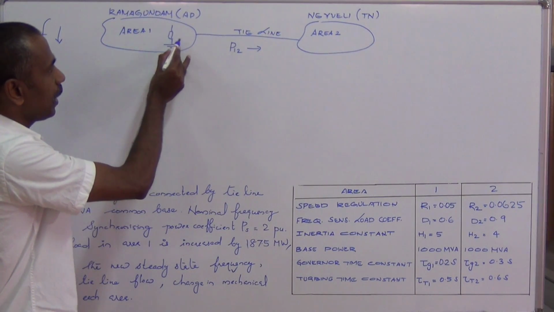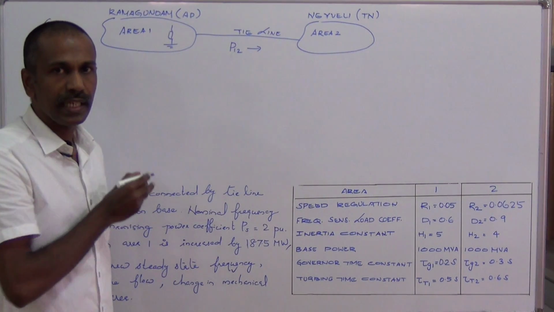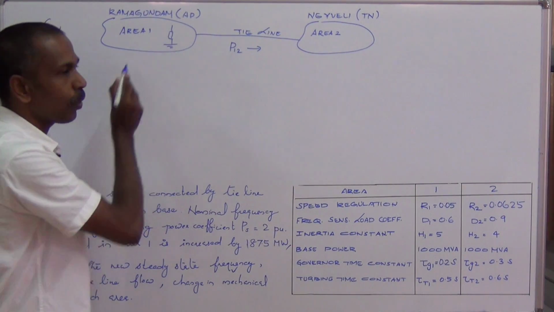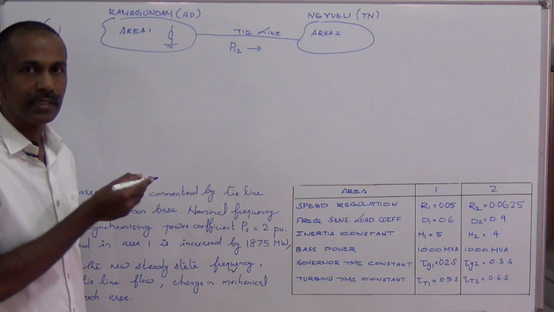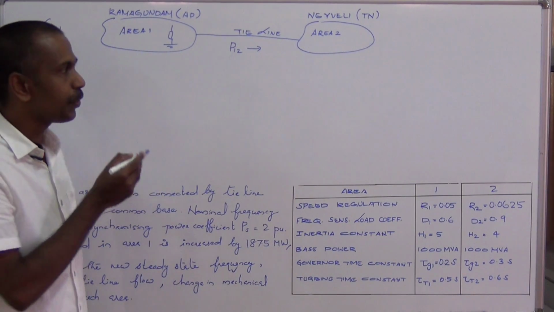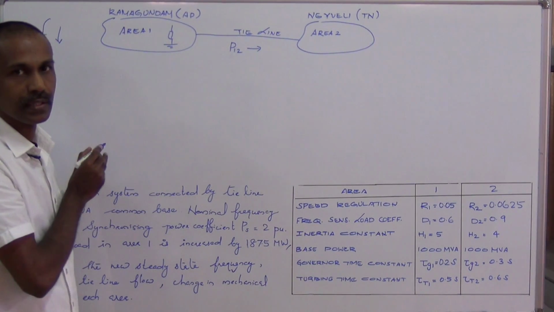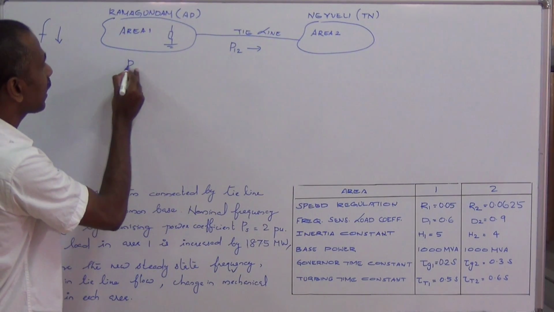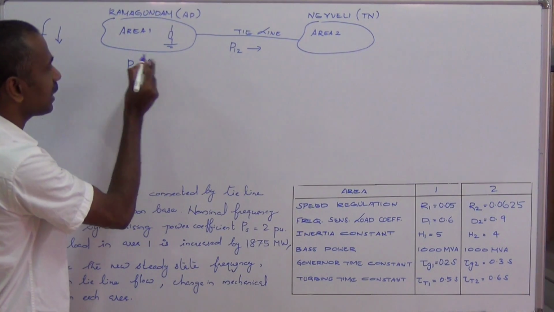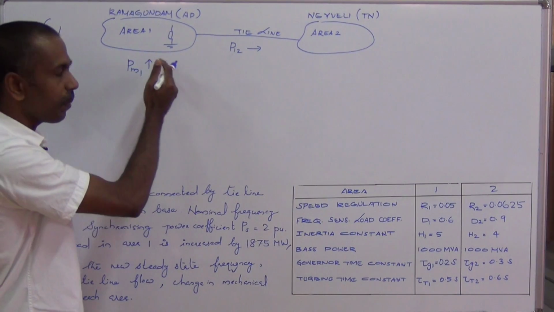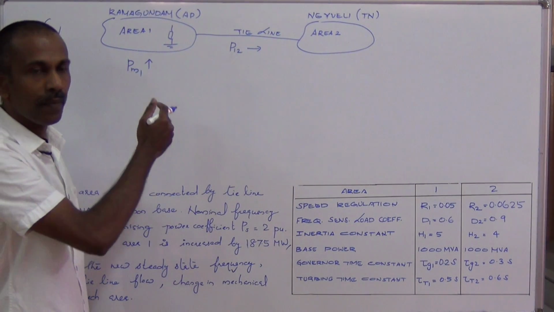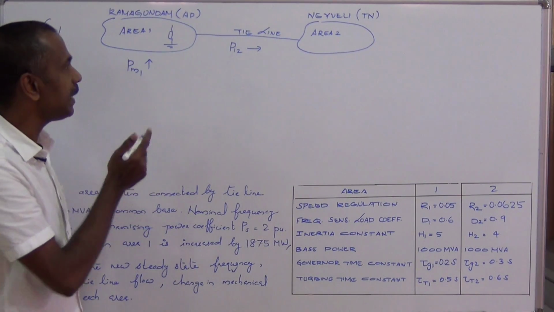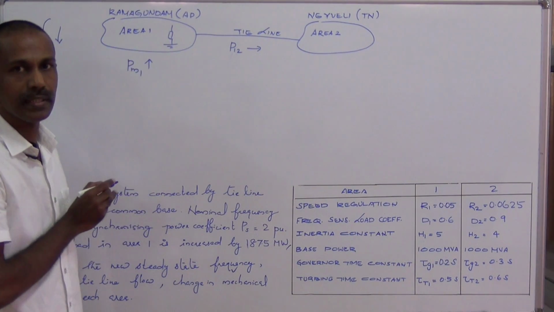Now, the load demand on the first area is increased. So we have to meet this additional load demand. Let us consider all possibilities to meet it. The first possibility is we can increase the mechanical power in the first area. When you give more mechanical power, obviously the power generation in the first area will be increased, and thereby we can meet a part of the additional load demand.